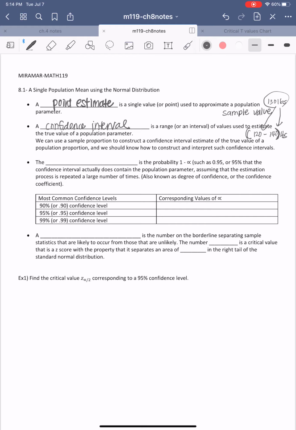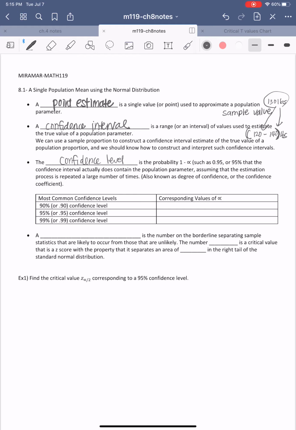The blank confidence level is the probability 1 minus alpha. Such as when we say a 95% confidence interval, that means we are 95% confident that this answer is correct with 5% inaccuracy. So we call that 5% inaccuracy an alpha value. So I can say I have 130 pounds as my sample, and my population average weight should be around 120 to 140 with 95% confidence.